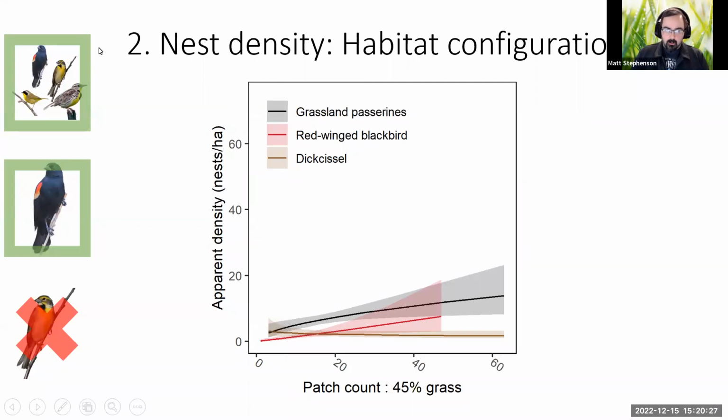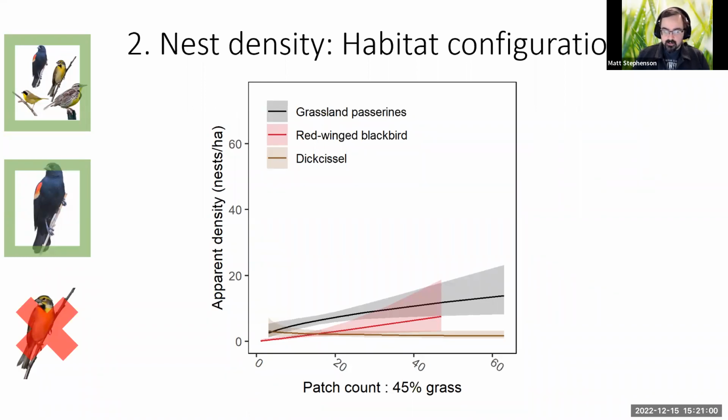So we're going to go through the most important variables in our modeling of what descriptors of the landscape and the vegetation are good predictors of nest density and then survival. Starting out with nest density, a habitat configuration variable, patch count, was a good descriptor of nest density.